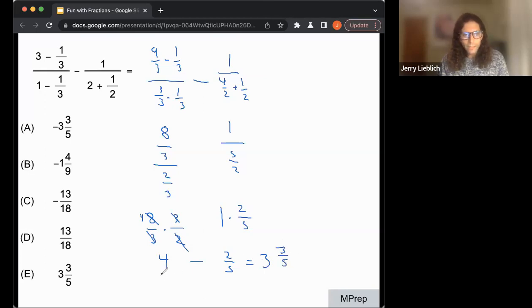If I didn't go directly there, I would multiply this by 5 over 5. Call this 20 over 5 minus 2 over 5 gives me 18 over 5, which I then convert into a mixed number this way. Or I say, you know what, that's bigger than this, bigger than this, bigger than this. It's got to be this.